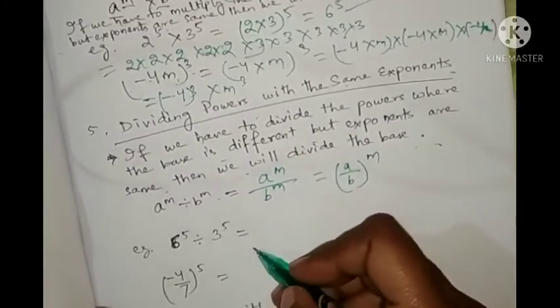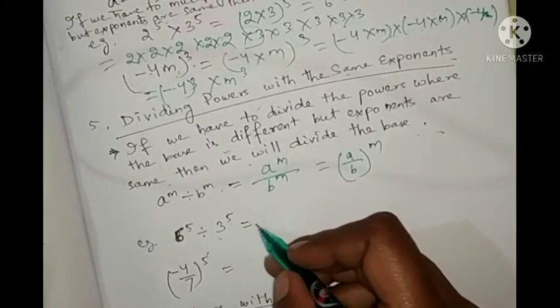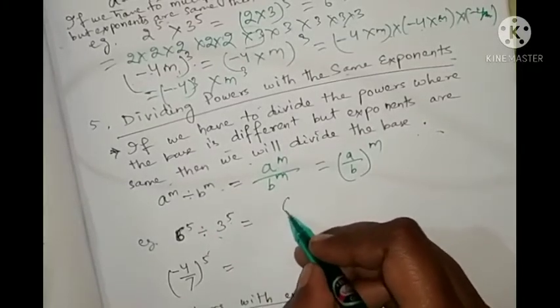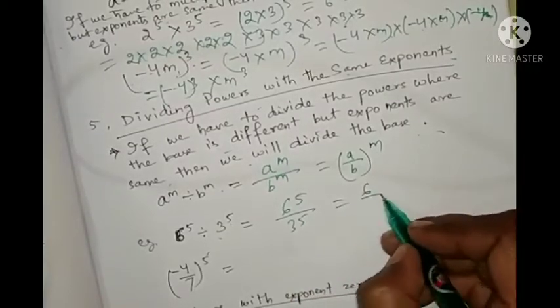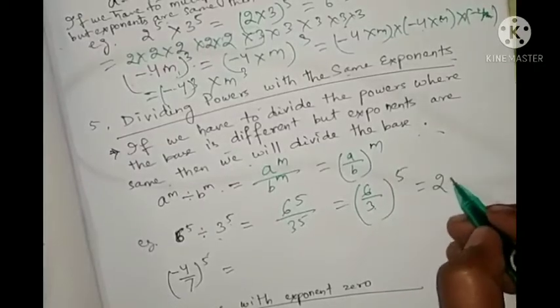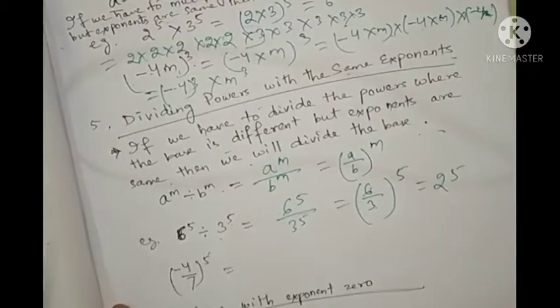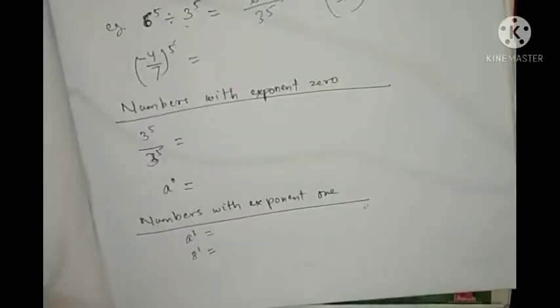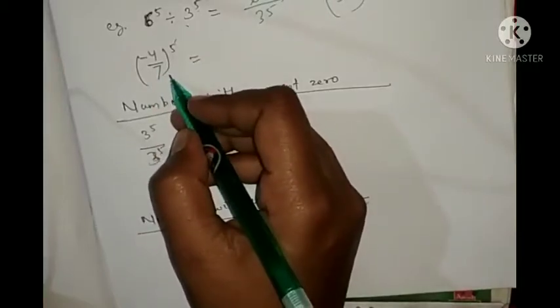So look at here, 6 to the power 5 divided by 3 to the power 5. What you can write as 6 to the power 5 by 3 to the power 5. This one you can write as 6 by 3 whole to the power 5. 6 by 3 is how much? 2 whole to the power 5. Okay. Next example you see, minus 4 by 7 whole to the power 5.